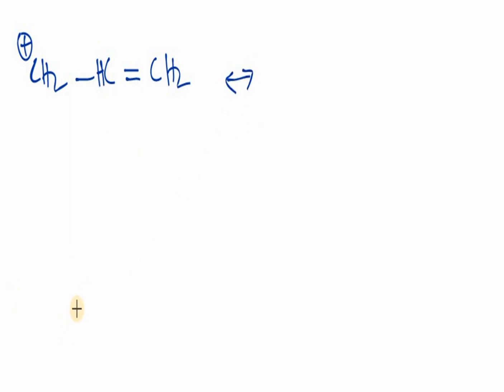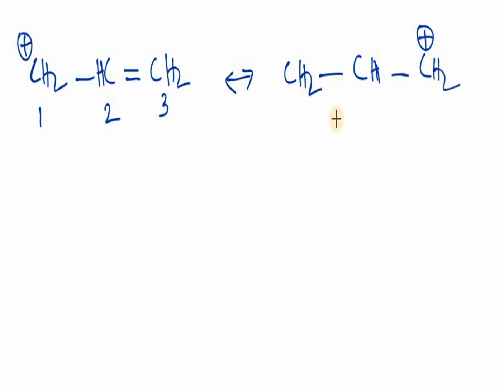Try once. First carbon, second carbon, third carbon. Where will that positive charge go? Third carbon. Just I am writing here. Where will the double bond form? In between 1 and 2, here you form the double bond.